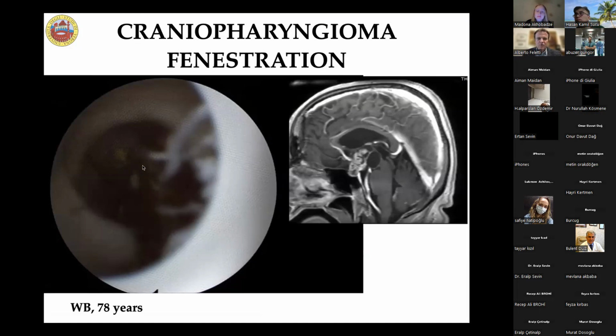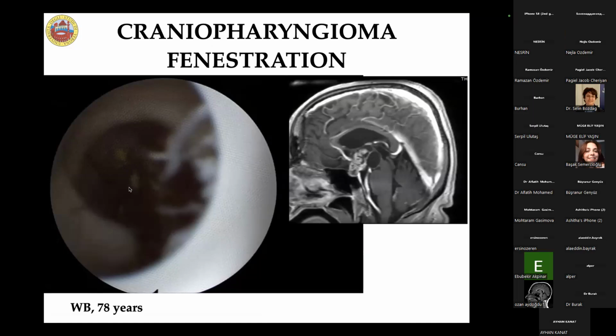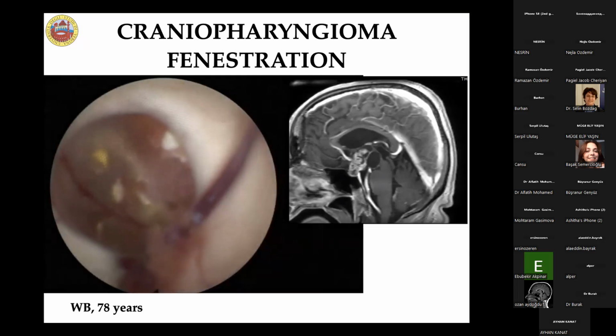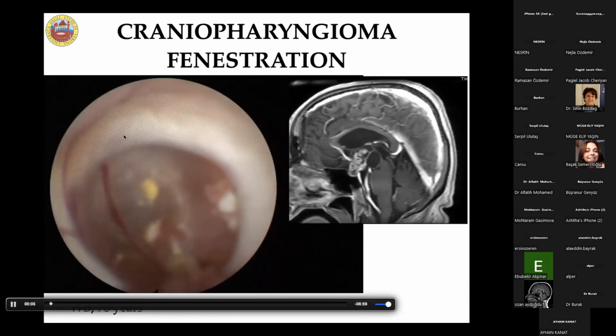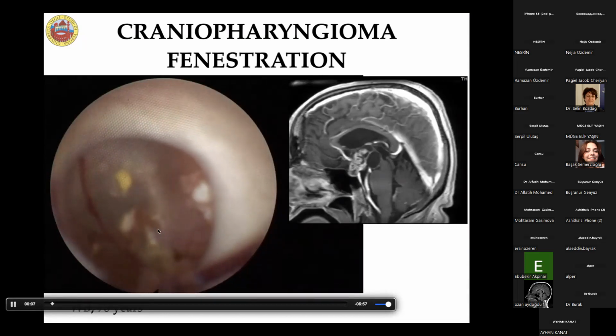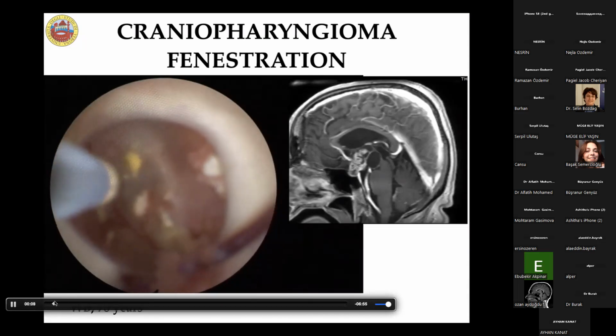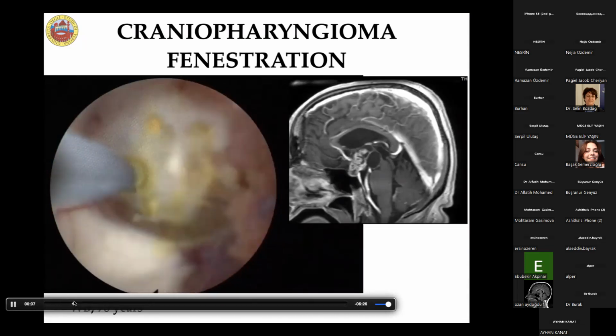So we decided not to offer this patient a very invasive treatment with craniotomy or transsphenoidal surgery, because her general condition was not good. But we decided to fenestrate the cystic component, which was actually blocking the Monro foramen, as you can see. And this is actually what I did.